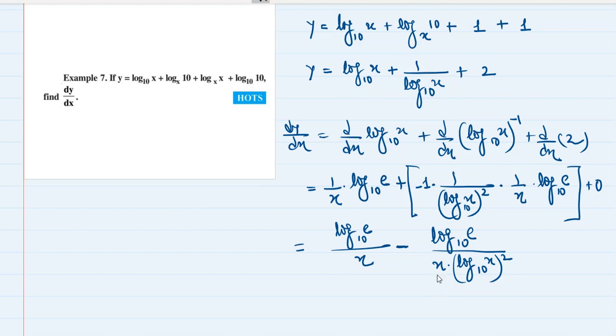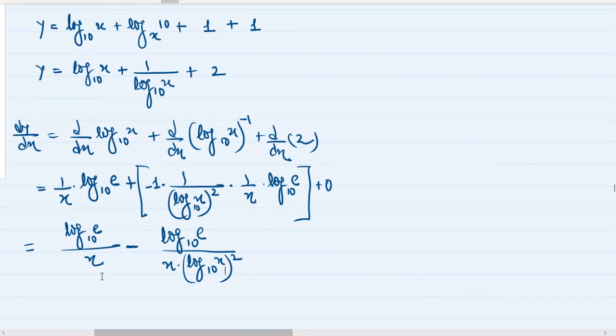Okay, we had to find dy by dx, and we are very near, but this doesn't seem to simplify so easily. Okay, so how to simplify this?